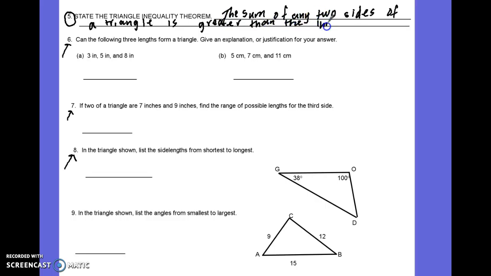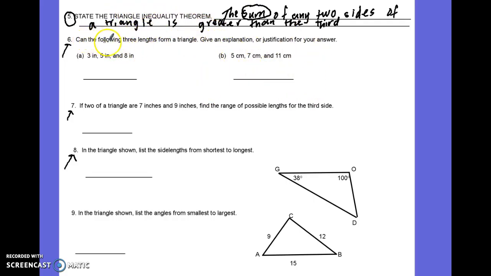Say that with me once. The sum, and make sure you have this word sum, because we're adding, we're not subtracting or multiplying. The sum of any two sides of a triangle is greater than the third. That's the triangle sum theorem.